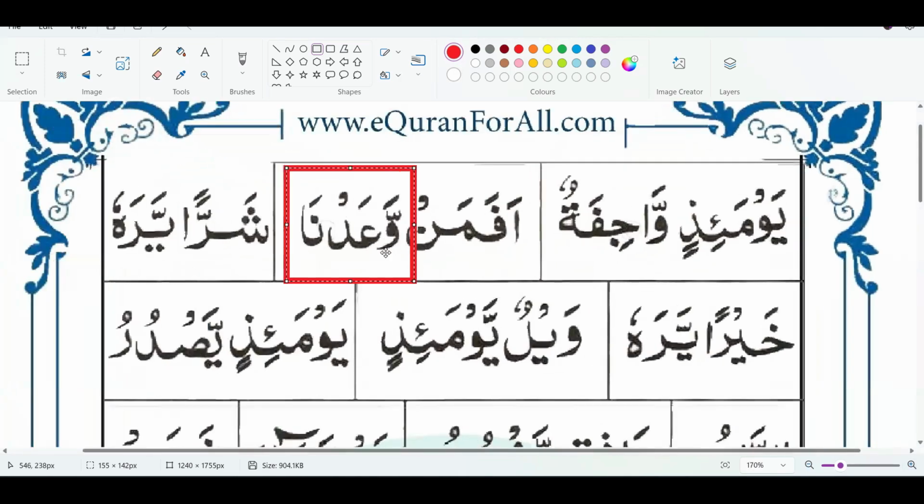What is the name of this letter? That's Waw. So read Waw with fatha. Then Ain with fatha, and then connect with Dal.